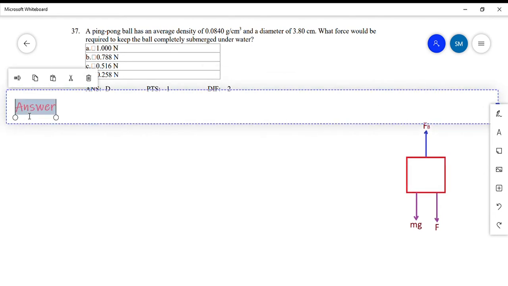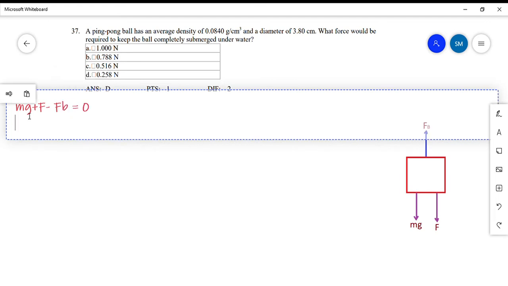So mg plus the force that's required to keep the ball completely submerged underwater, minus the buoyant force will be equal to 0. So the force which is required will be equal to Fb minus mg.